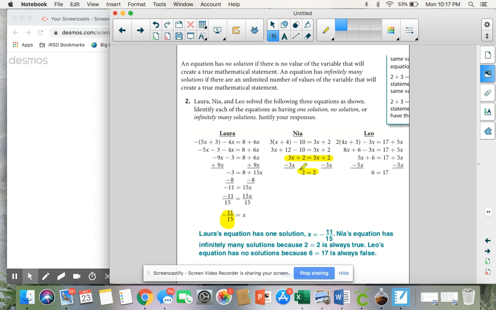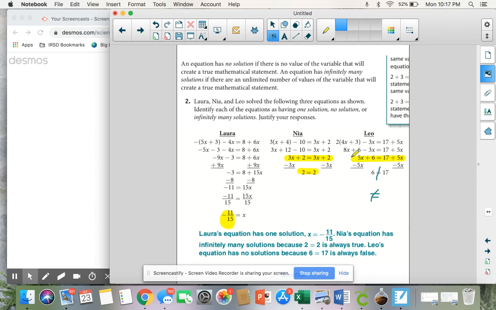So no matter what I do to substitute in a value for x, they are the exact same expression, so therefore it's always true. And then over here, 6 never equals 17. That is what we call a false statement because 6 is not the same value as 17. So sometimes you'll see this little equal sign with a slash through to show that 6 is not equal to 17.